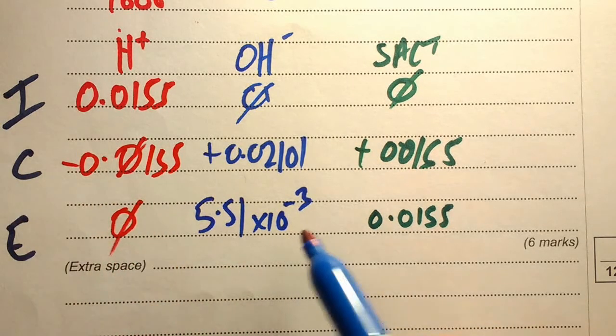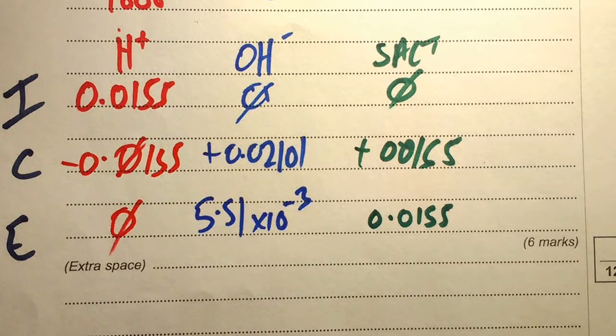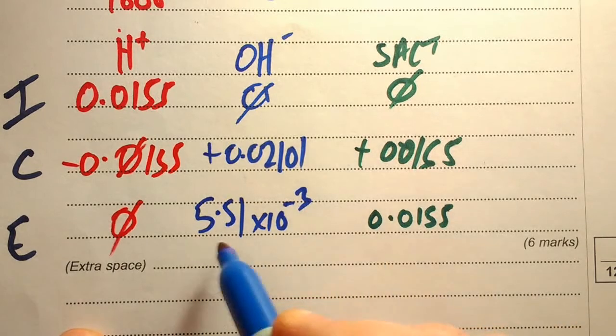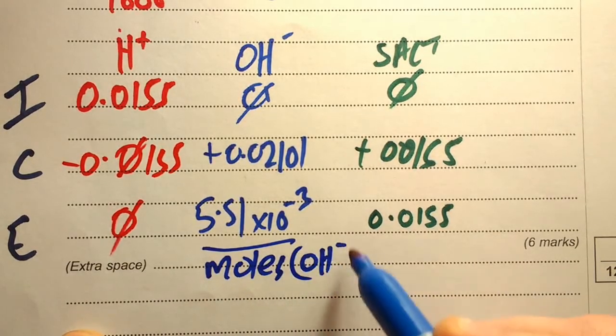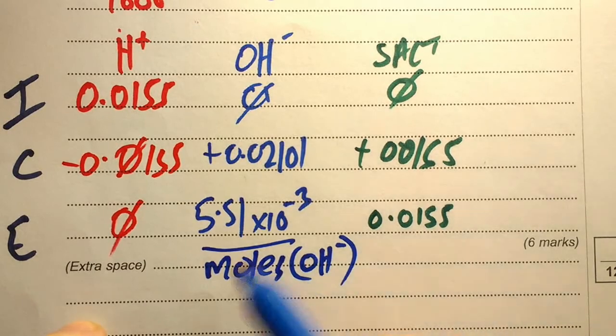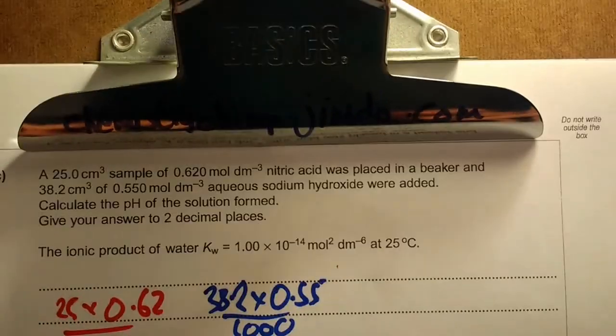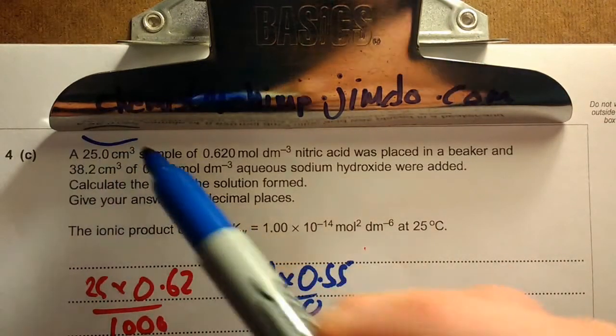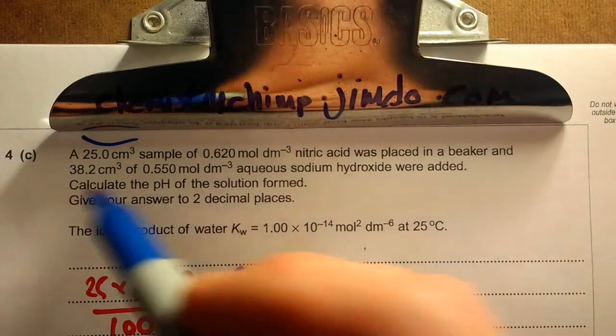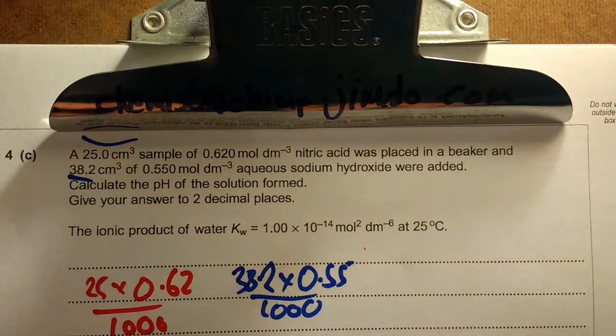Now, there's another stage that we need to consider. So we're going to zip back up. That's how many moles we've got, and we've got to try and work out pH. That's how many moles, but we need to work out the concentration. So if we go back up, we've got 25 cc's and also 38.2.